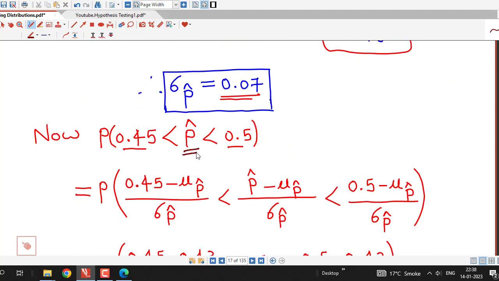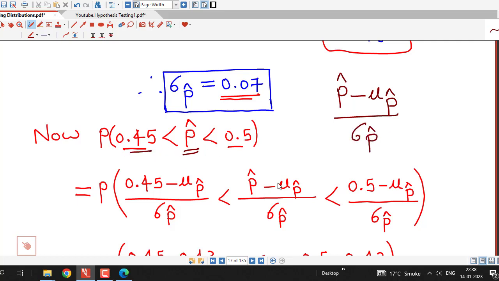We know that p hat is a normal random variable, and therefore we standardize p hat by subtracting its mean and dividing by its standard deviation.